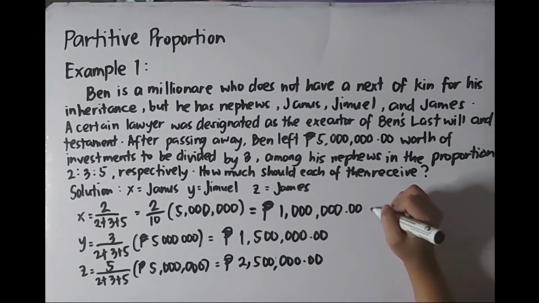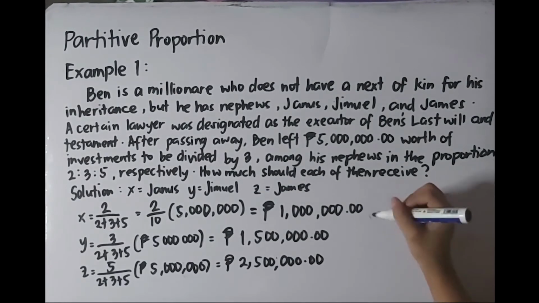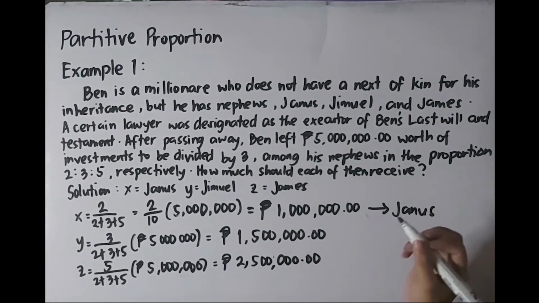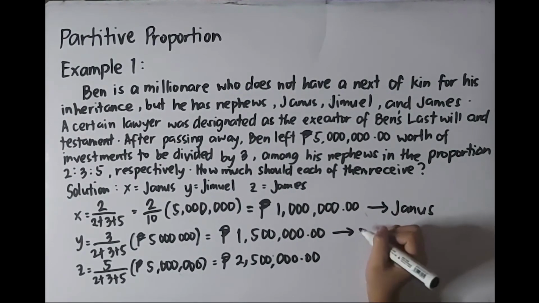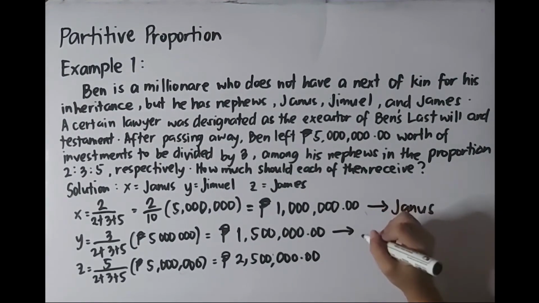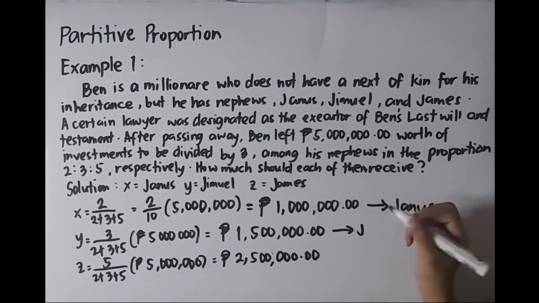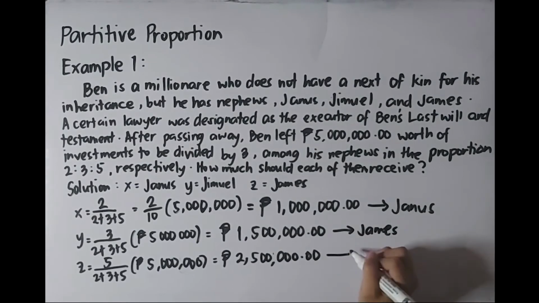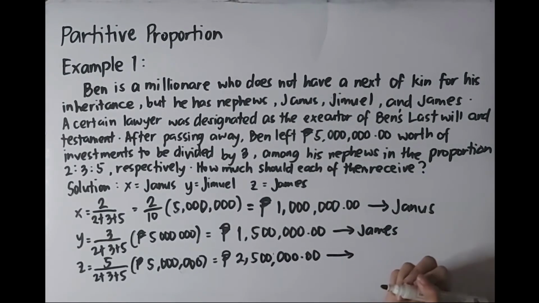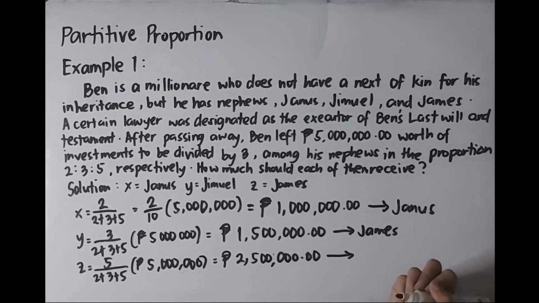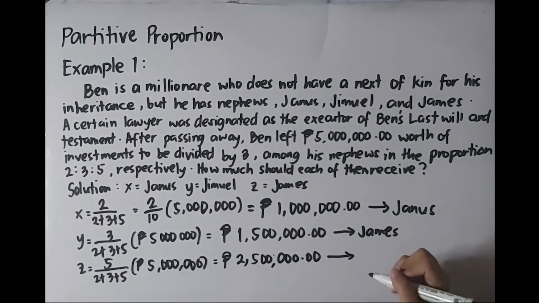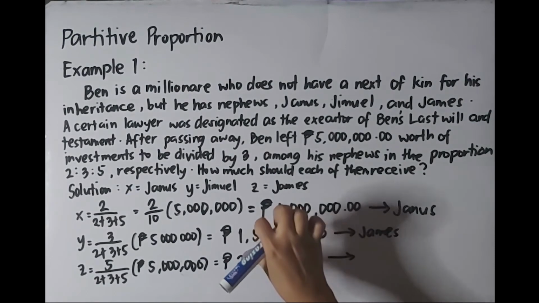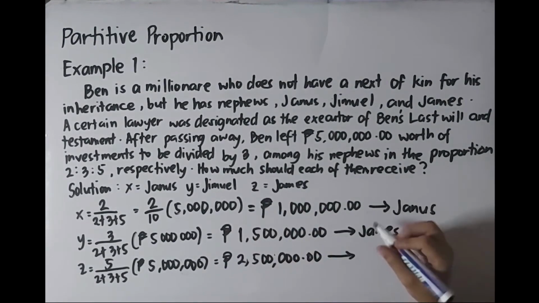pesos. So 1 million is for Janus, and 1.5 million will be given to James, and 2.5 million, or half of the 5 million investment of Ben, will be given to James.